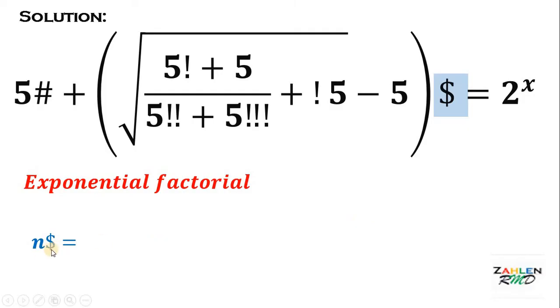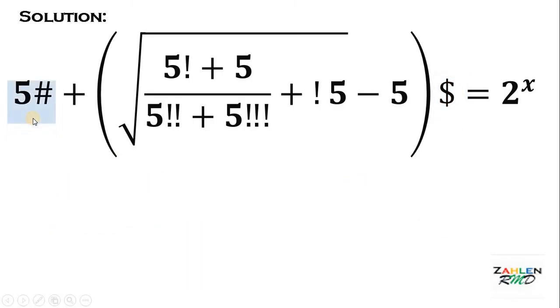That is, n dollar sign is equal to n raised to n minus 1, raised to n minus 2, raised to n minus 3, and so on and so forth. Now let's have some examples. If we have 5 dollar sign, it is equal to 5 raised to 4, raised to 3, raised to 2, raised to 1.